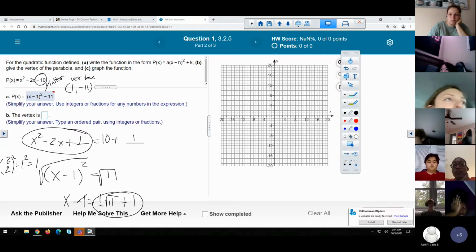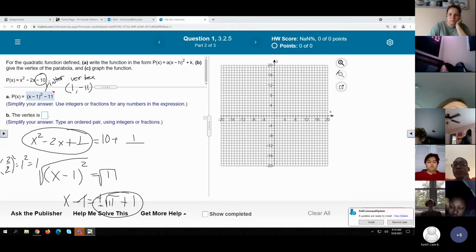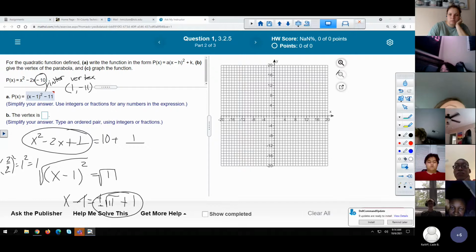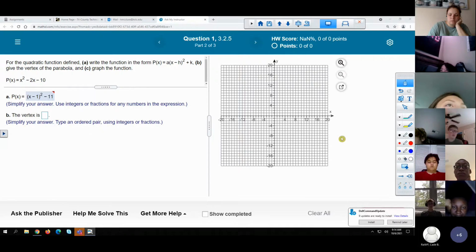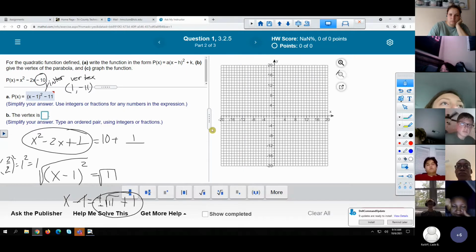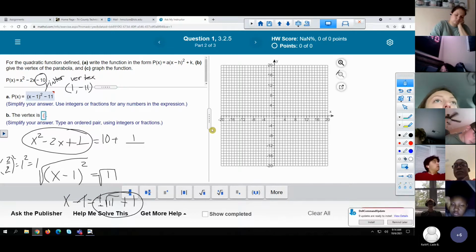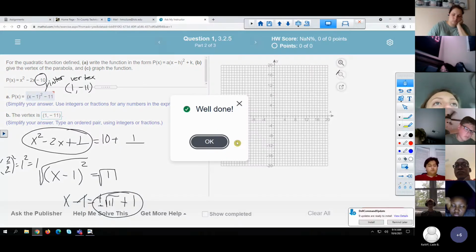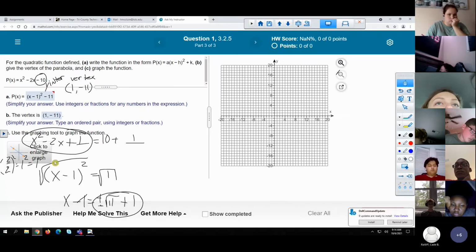So I'm going to plot the vertex after I answer the question. The vertex is, take the opposite of both, positive 1, comma, negative 11. And graph it.